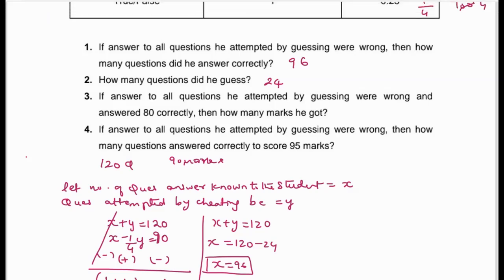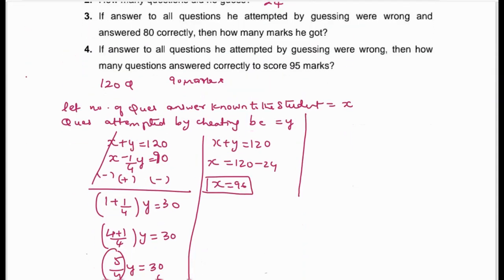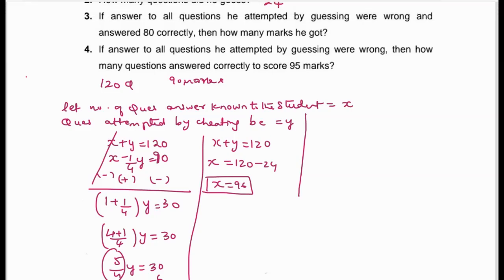Then, if the answers to the questions he attempted by guessing were wrong and he answered 80 correctly, how many marks did he get? That is the third question. The marks obtained will be 80 correct questions minus 1 by 4 of 40 marks.